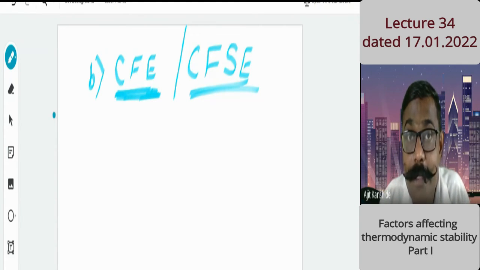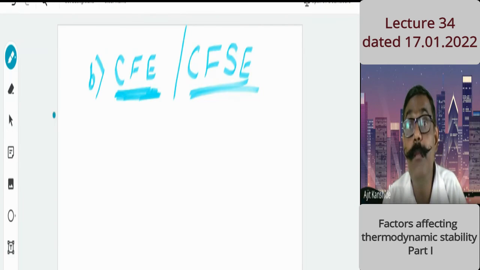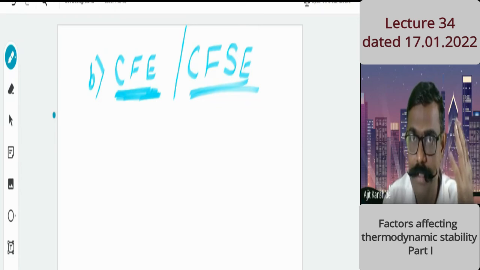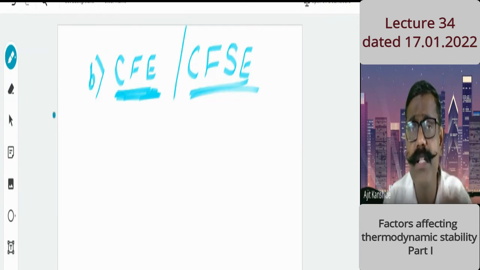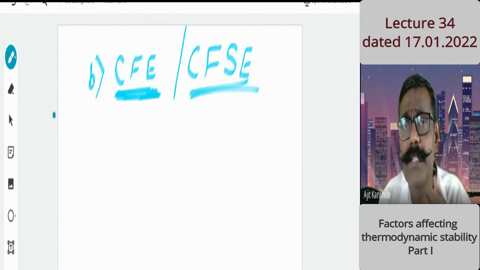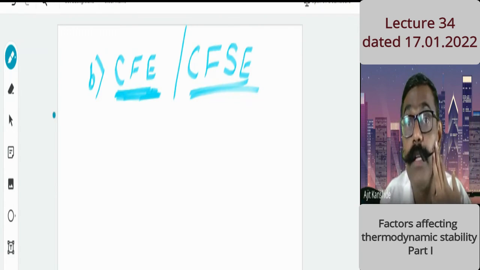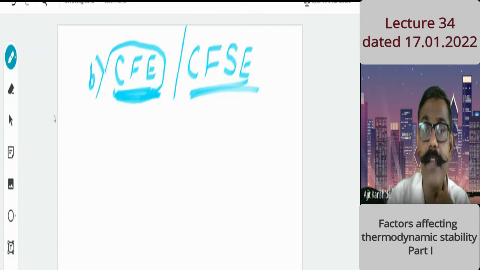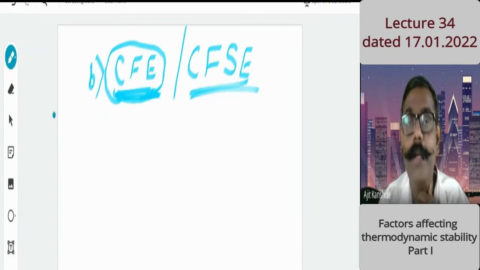The higher the crystal field stabilization energy, the more will be the stability, as we discussed last time while discussing unit number 1. But crystal field stability depends on what? Crystal field splitting, which is a part of the crystal field theory. So the crystal field effect is the point of discussion.